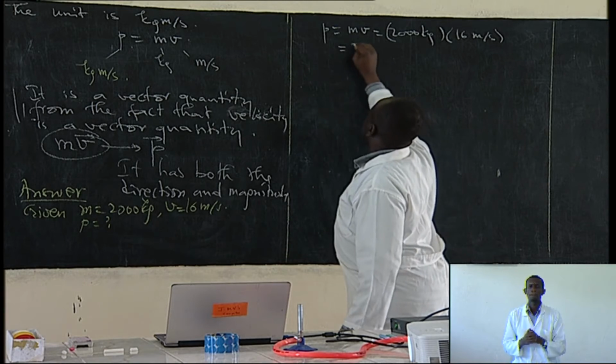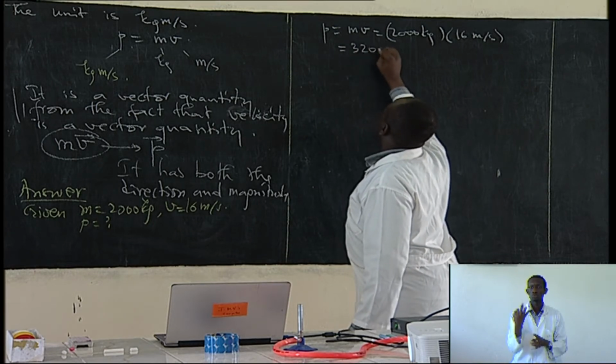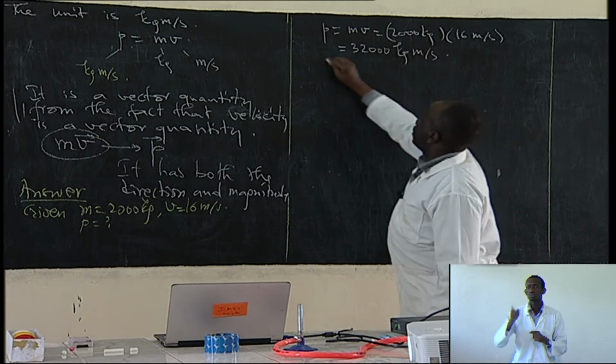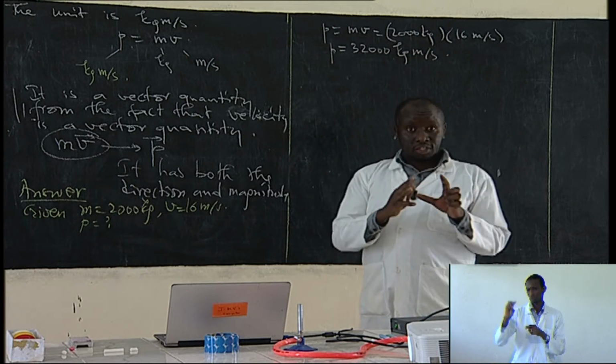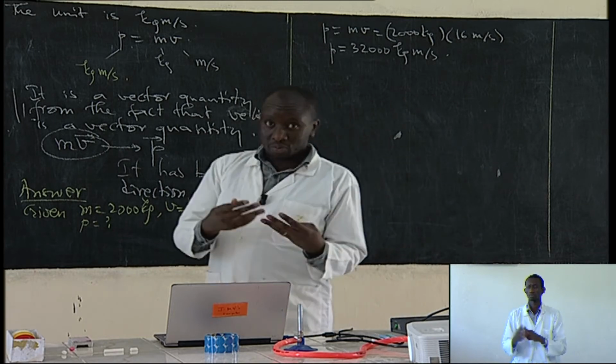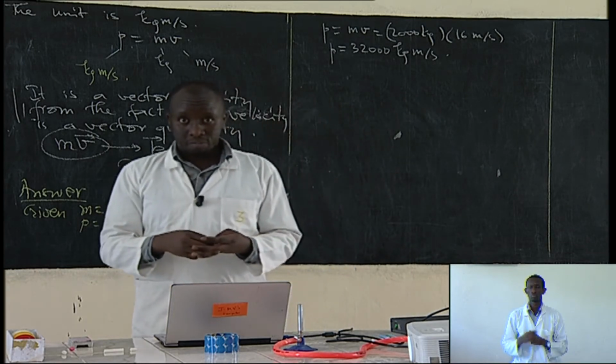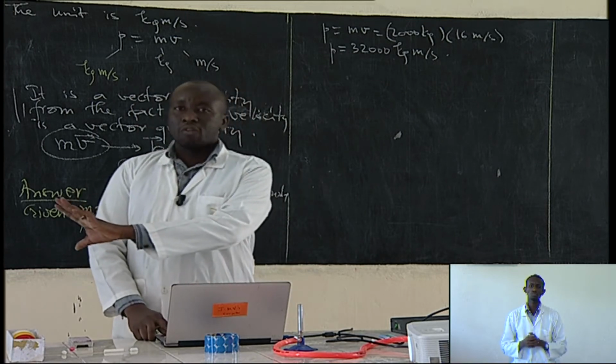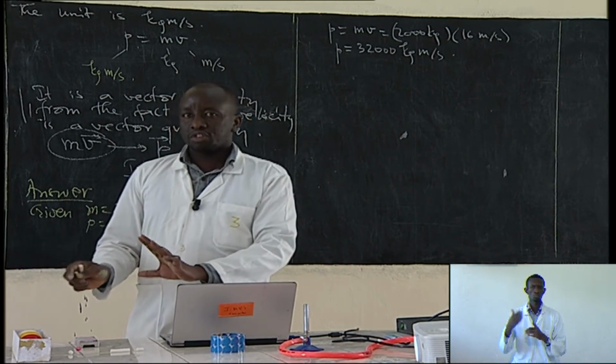You find 2, and then you add on these 3 zeros, and then you get the unit kilogram meter per second. So I think that you have obtained the same answer as what we are obtaining here. That's nice. So the answer is what I have just provided to you.